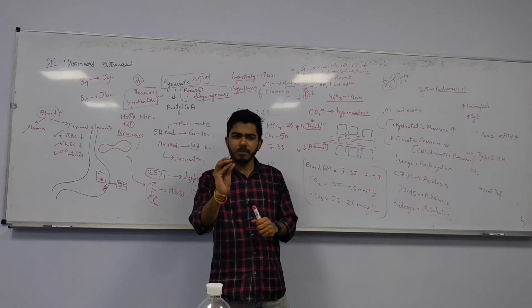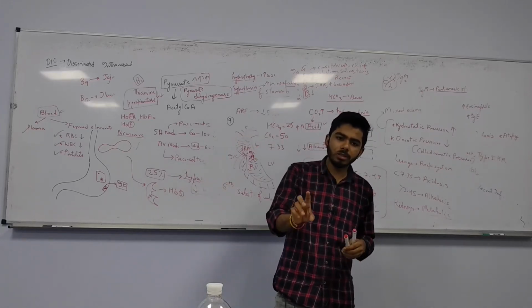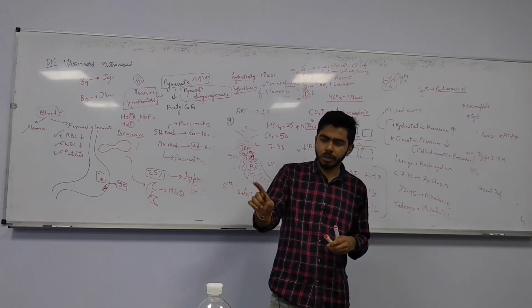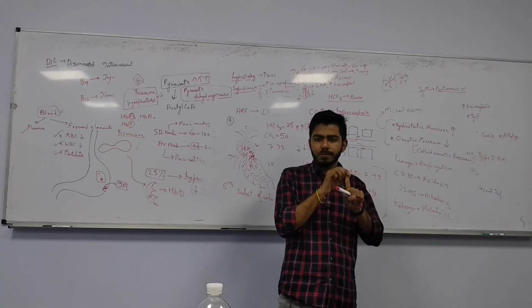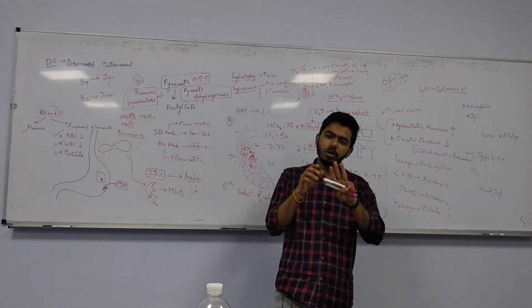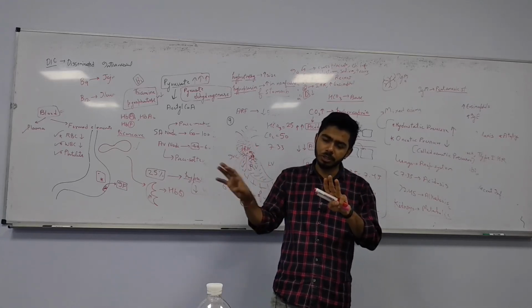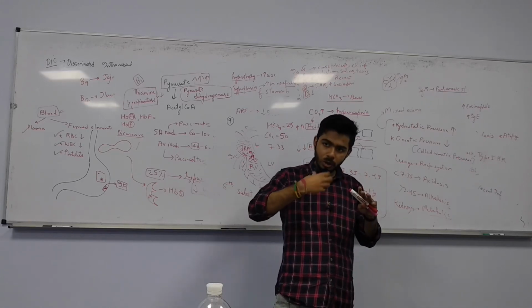Some more examples I would like to add in the acidosis alkalosis concept. If the person has COPD, that is chronic obstructive pulmonary disease, you should remember three examples: first bronchial asthma, second chronic bronchitis, and third emphysema. These are obstructive problems. So will hypercapnia be there?